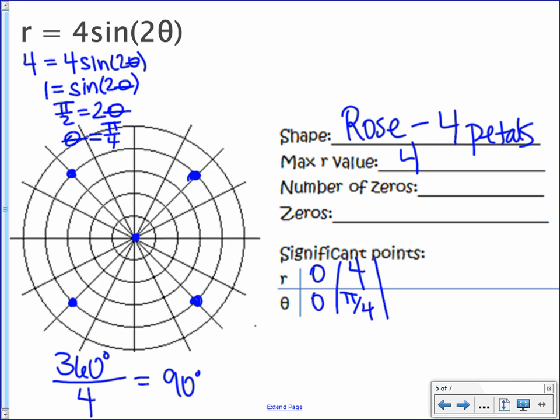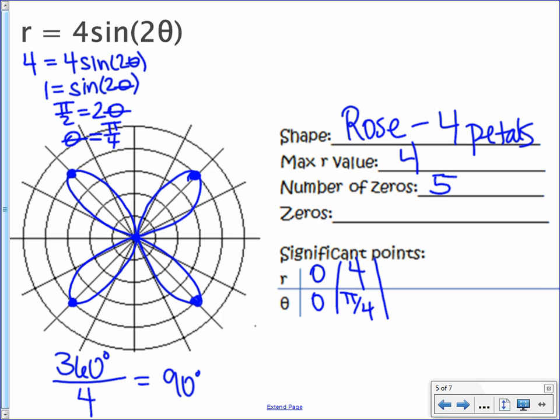Where do I begin? The pole. So let's count. 5. How many of you thought we were going to have 4 zeros?